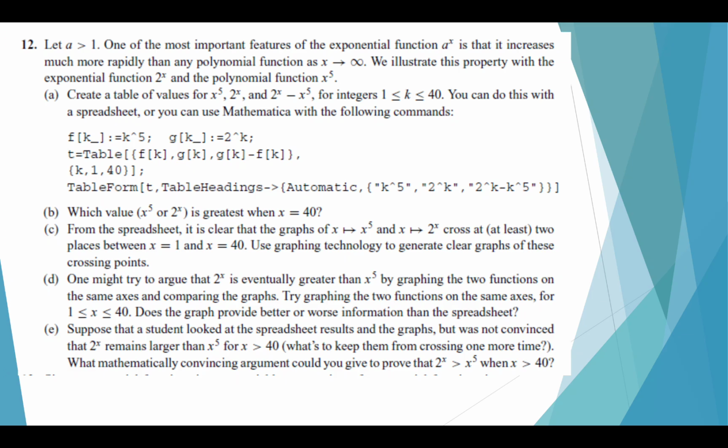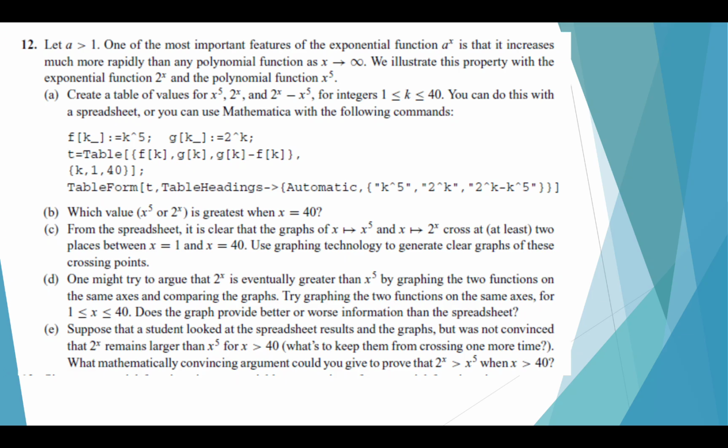In the spreadsheet, there's an interesting property. When you do g, 2 to the power of x, minus f, x to the power of 5, when f is less than g, you should get a positive value.